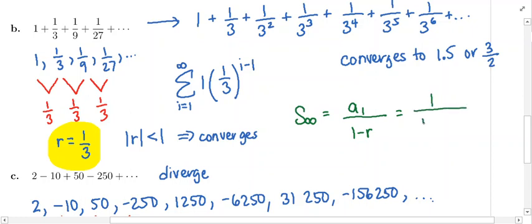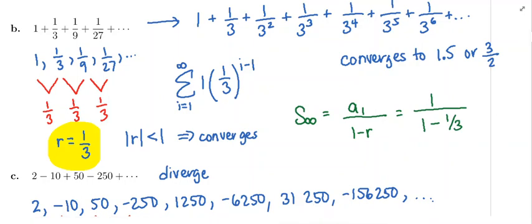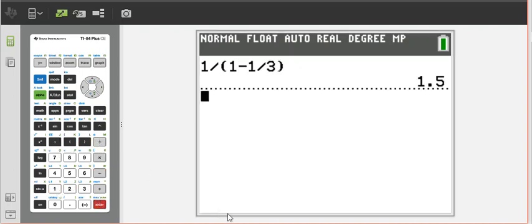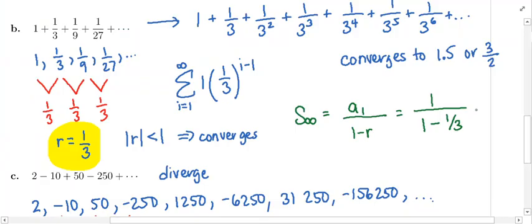We're going to divide that by 1 minus the R value, which is 1/3. I'm going to go to my calculator: 1 divided by 1 minus 1/3. Boom, look what I get, 1.5. So we guessed correctly. This series does converge to 1.5 or 3/2.